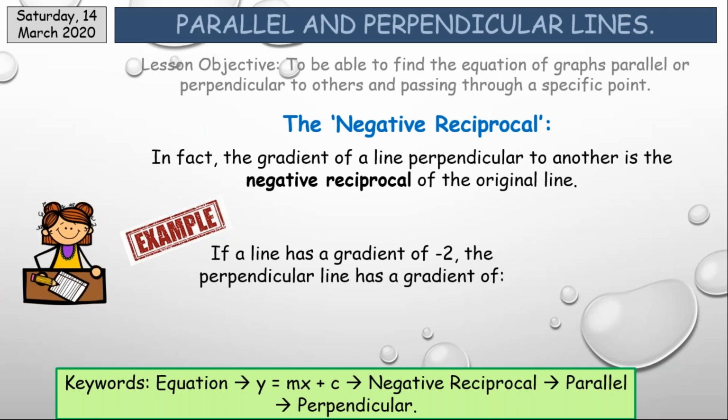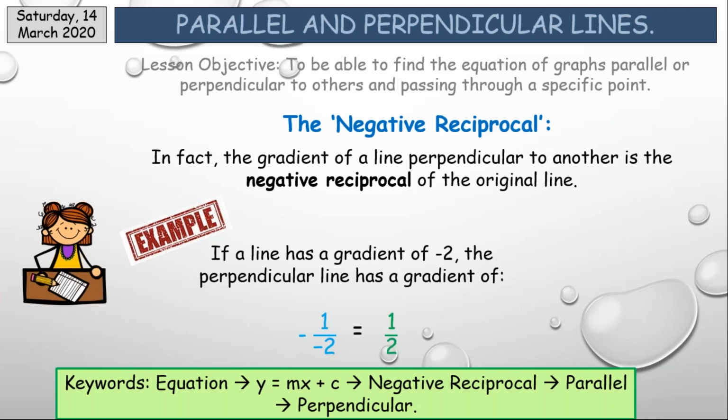So what does it mean to have negative? It means the opposite sign. In this case, I have negative 2, so the opposite of negative 2 will be positive 2. And I'm making them reciprocal, so I'm changing the places of numerator and denominator. 2 as a fraction will be 2 over 1, so if I change the places of numerator and denominator, I will get 1 over 2.